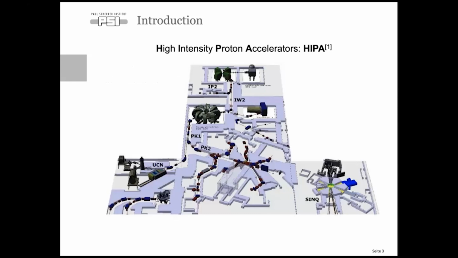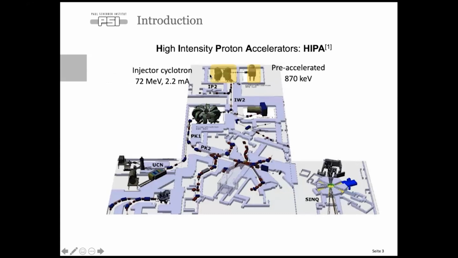So first, I am going to introduce Hipaa. So Hipaa is the so-called High-Intensity Proton Accelerator, and it is cyclotron-based. So you can see two cyclotrons here. First, the proton beams are pre-accelerated to 870 keV here.